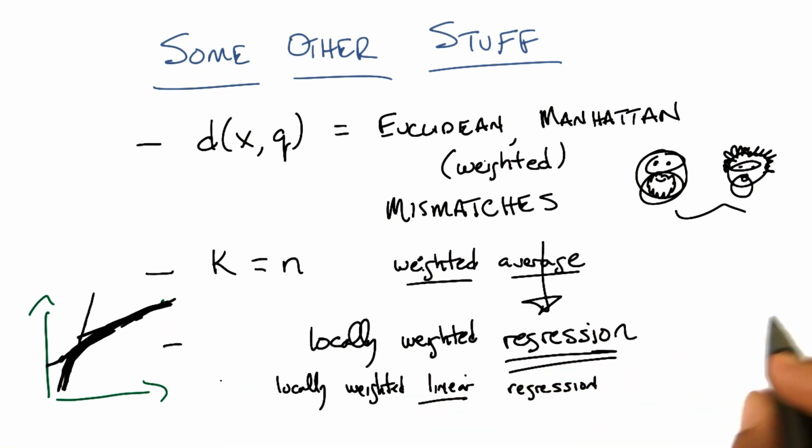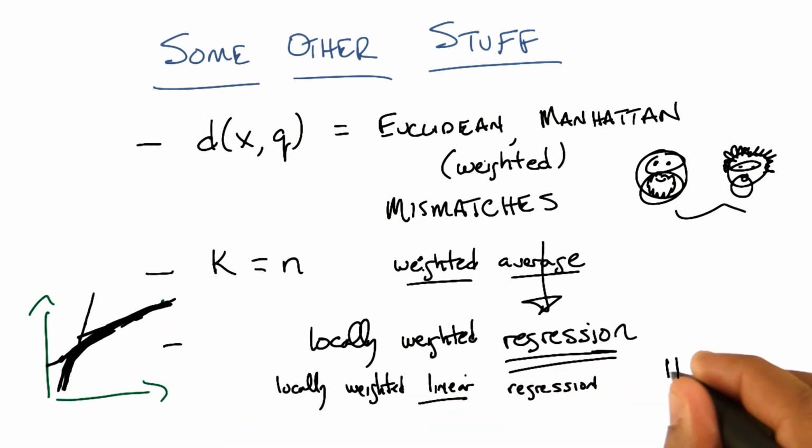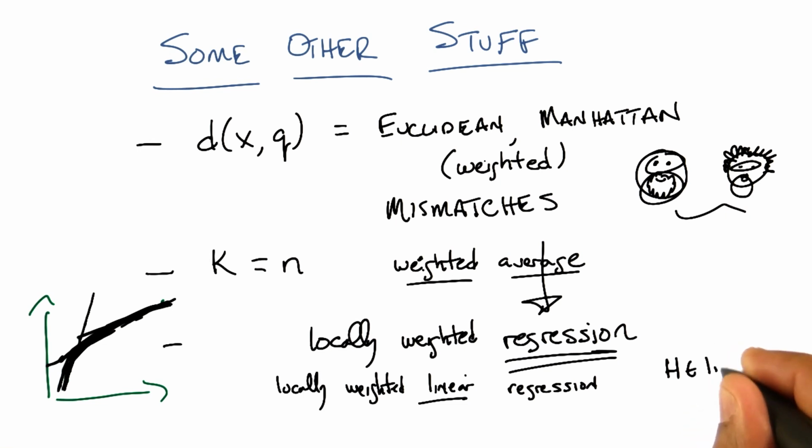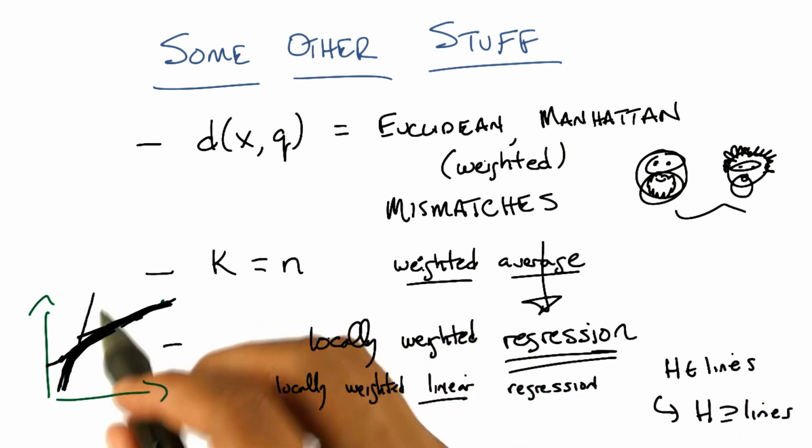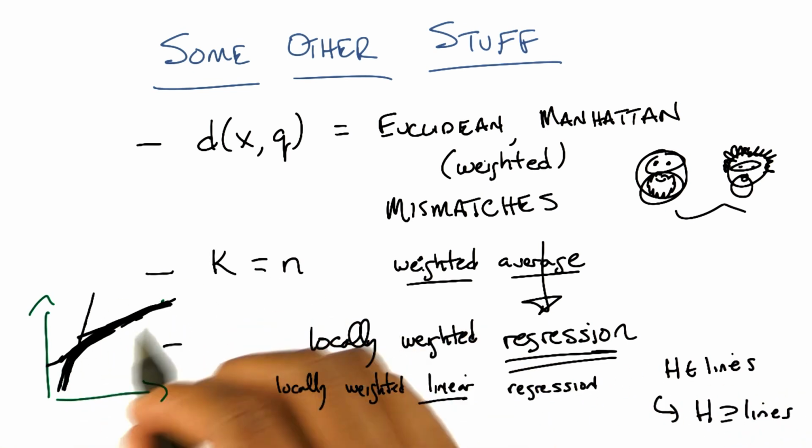So that's kind of cool because you notice that we start with a hypothesis space of lines in this locally weighted linear regression, but then we end up actually being able to represent a hypothesis space that is strictly bigger than the set of lines. Right? So we can use a very simple kind of hypothesis space, but by using this locally weighted regression, we end up with a more complicated space that is made more complicated depending upon the complications that are represented by your data points.